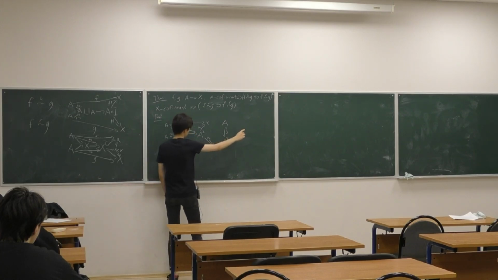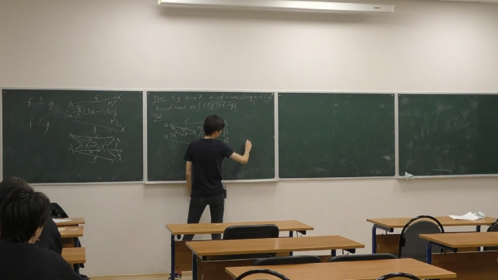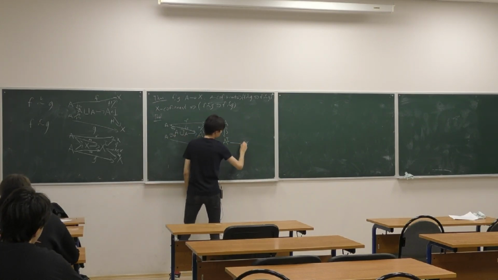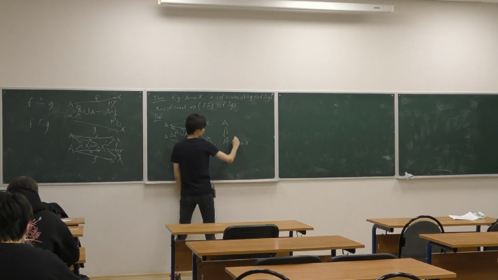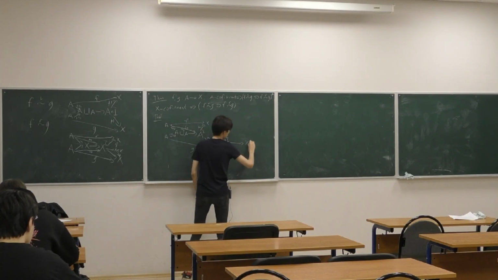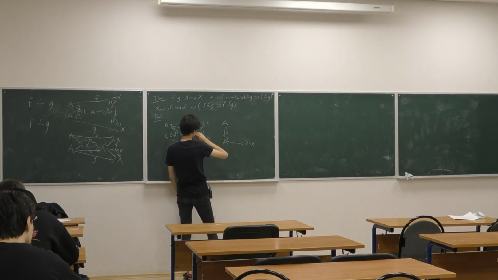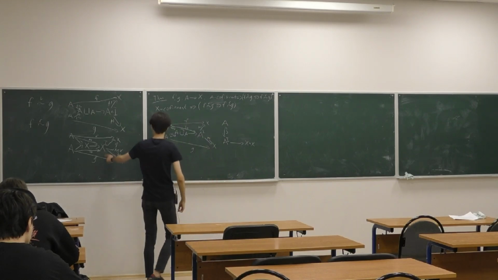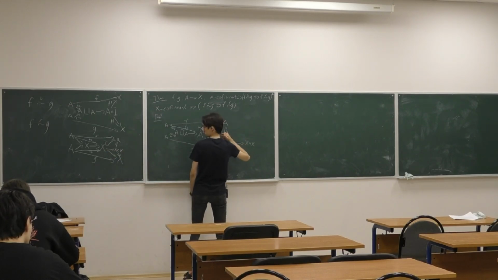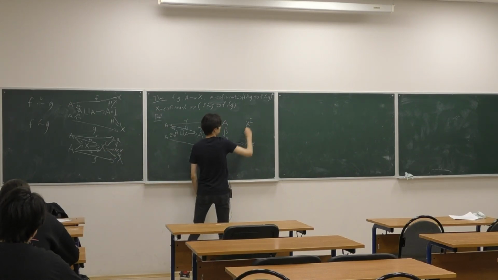Here we need to have X, this is X times X, and this is X^I. This here is the path object.